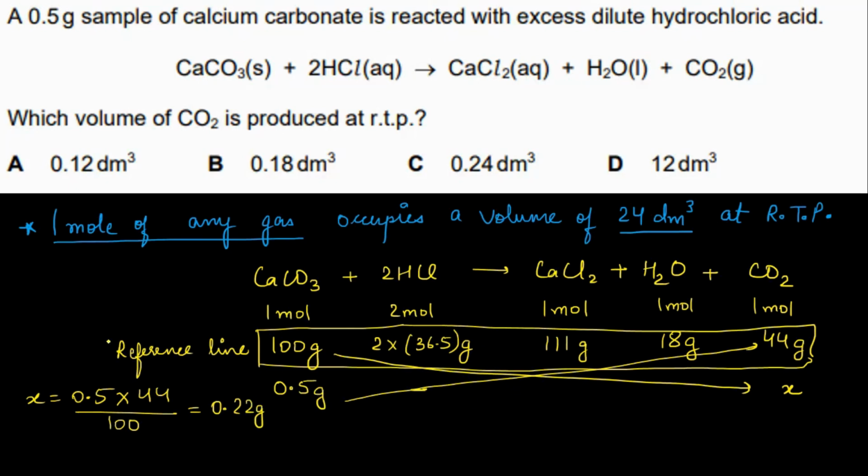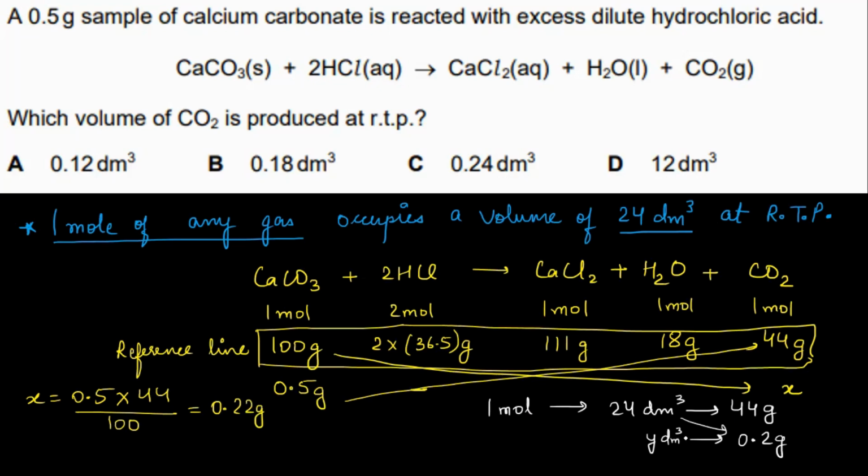Now, but we need to find the volume of CO2. So we consider that 1 mole of any gas has a volume of 24 dm cube, and 1 mole of this gas weighs 44 grams. But we have 0.22 grams. We need to find the volume. Let's consider this is y dm cube.